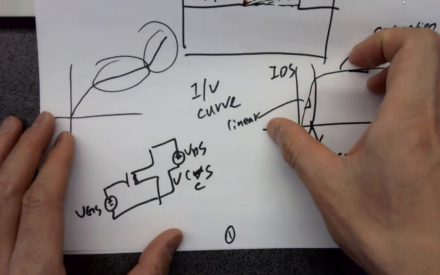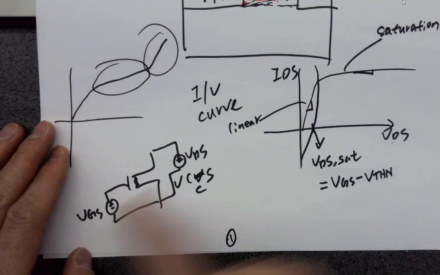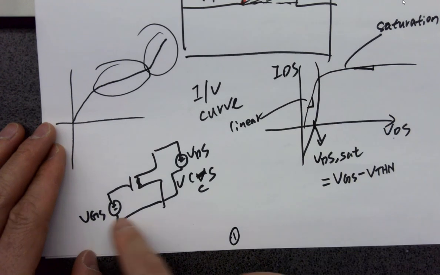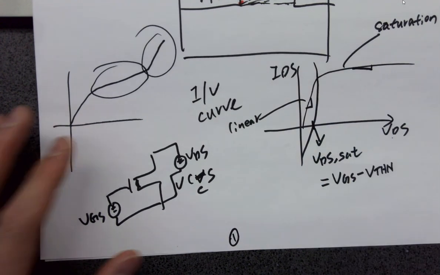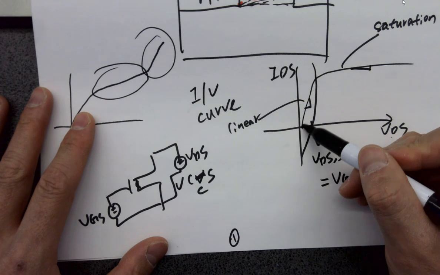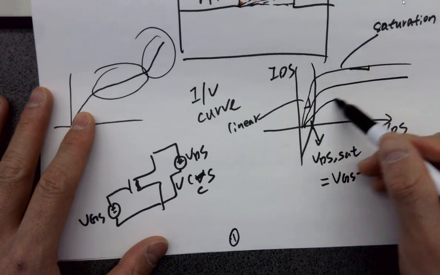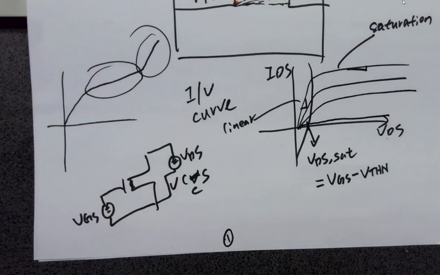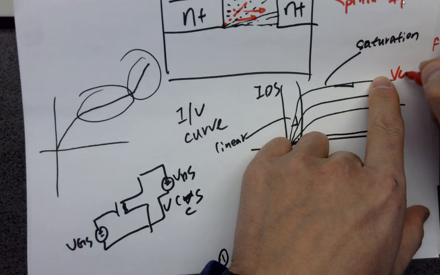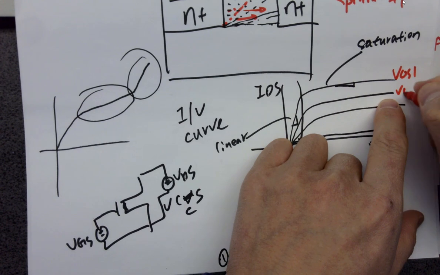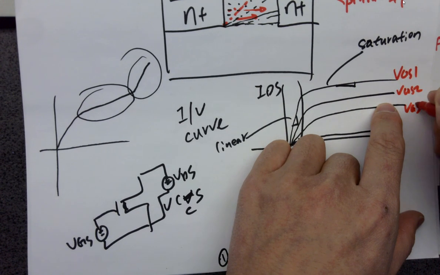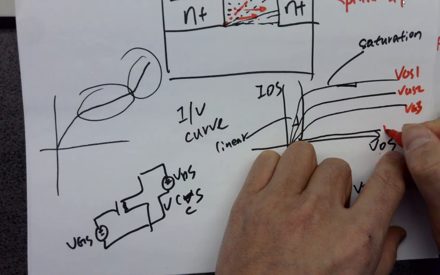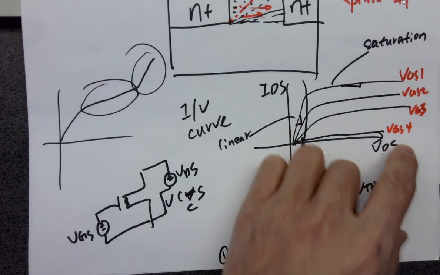We are not considering the VGS effect here yet. If you add VGS to it, what's going to happen? It's like this. So this is VGS 1, VGS 2, VGS 3, sorry, VGS 4.